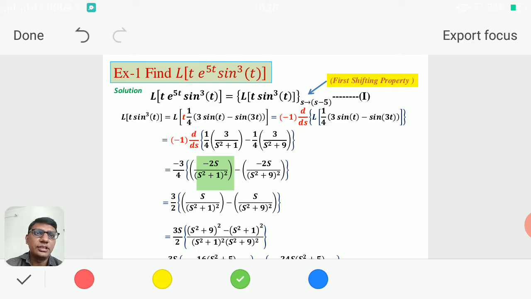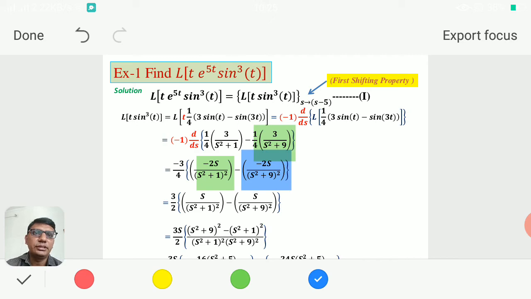Now in the second part a similar derivative is applicable. The derivative of 3 upon s square plus 9 is minus 2s upon s square plus 9 the whole square.